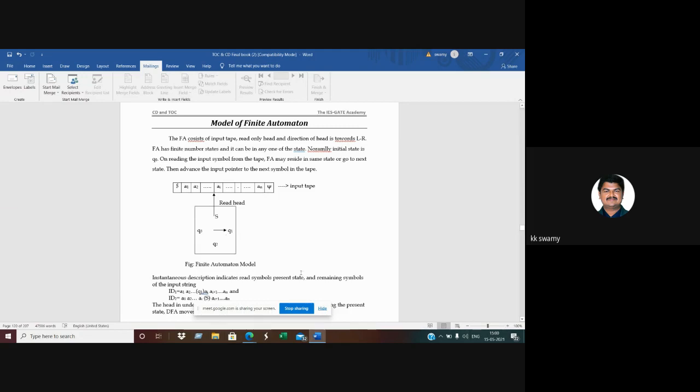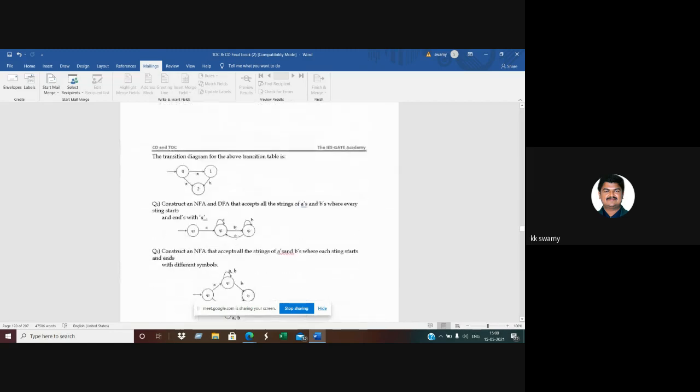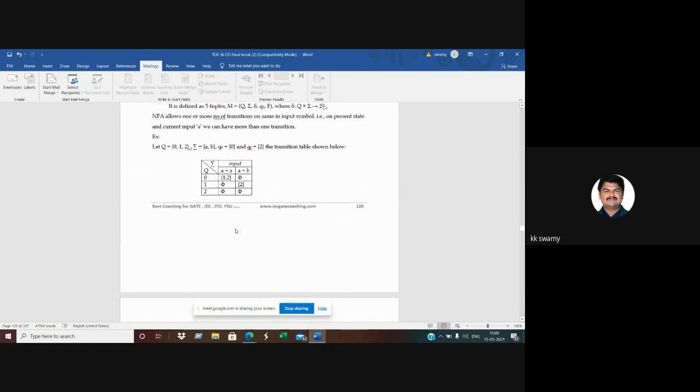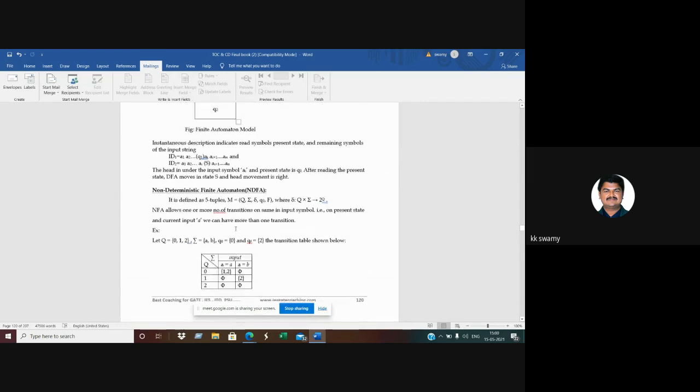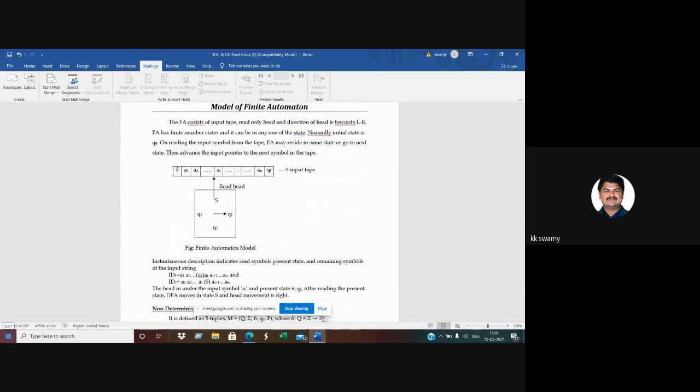Okay, this is the model. Generally, we have two types of finite automata. So what are the two types?